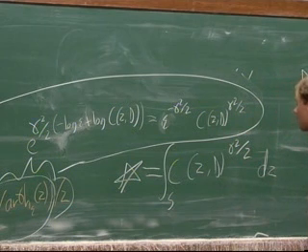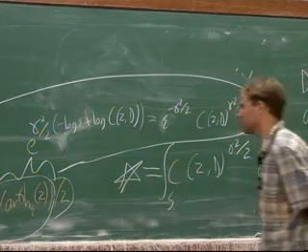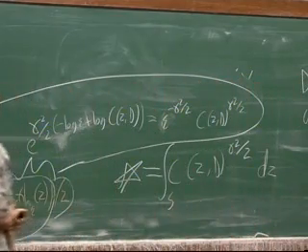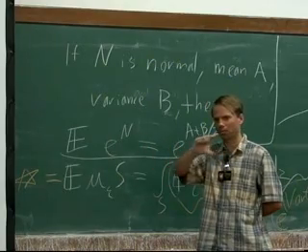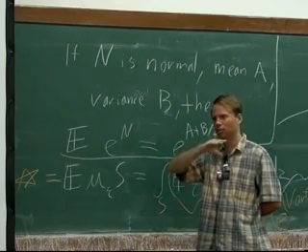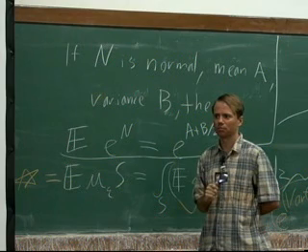But that's not quite a proof, because you can have a sequence of random variables that all have some expectation, but they converge to something with expectation 0.